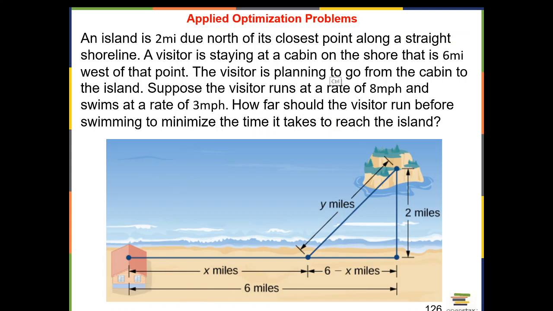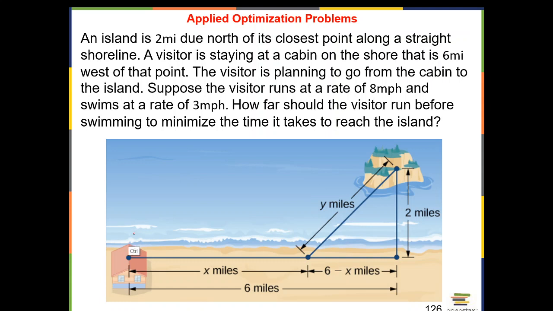A visitor is planning to go from the cabin to the island. Suppose that the visitor runs at a rate of 8 miles per hour and swims at a rate of 3 miles per hour. So this person can run this way, 8 miles per hour, can swim 3 miles per hour.